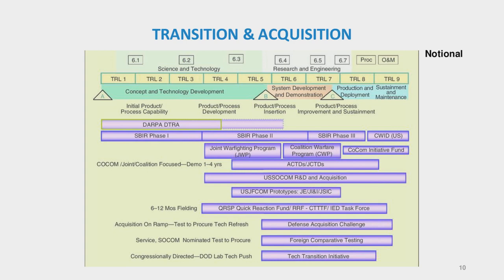So basically, there's other ways to continue to develop and mature your technology that are alongside the SBIR itself. So with that, we've got a number of other different types of opportunities and solicitations and funding sources here that, depending upon the nature of where you are with your technology, you can qualify for some of those, and you can get additional funding to continue to develop things out. So that will continue to move things along from an acquisition standpoint.